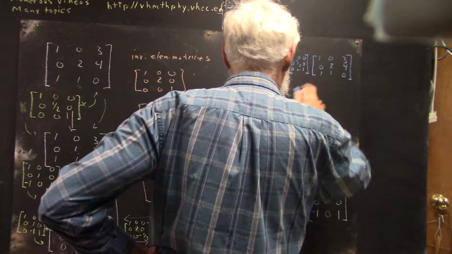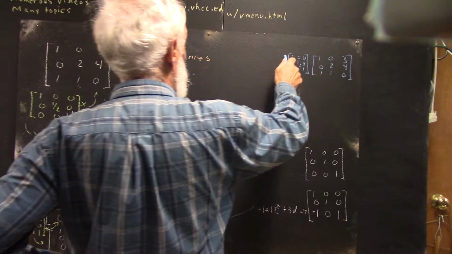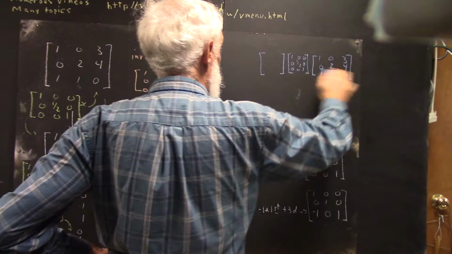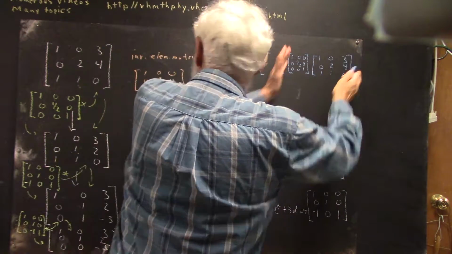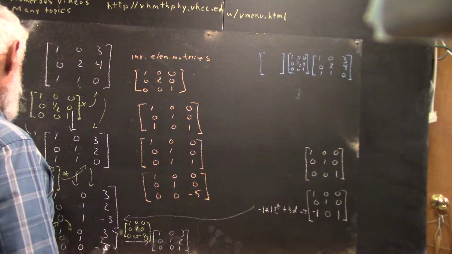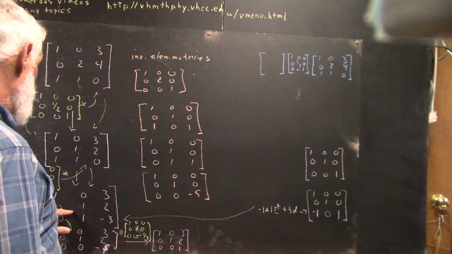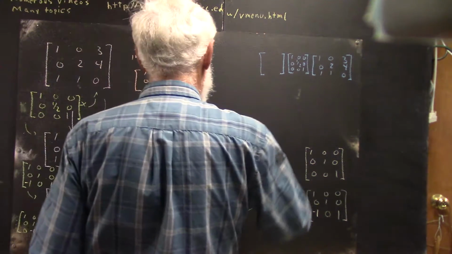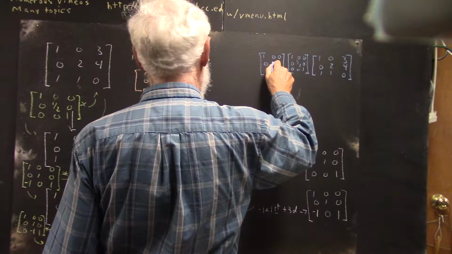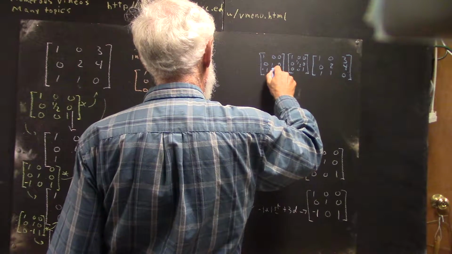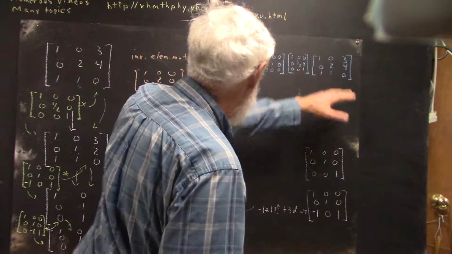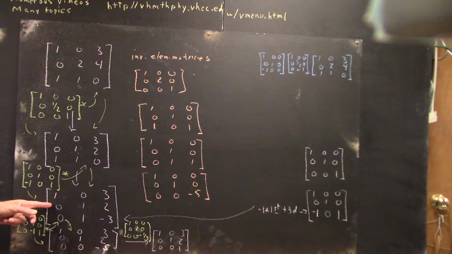That's going to have the effect of getting rid of that 1. And then if I multiply these, I'm going to get this. If I multiply that on the left by this, it's going to give me this. So I've got my 1, 0, 0, 0, 1, 0, -1, 0, 0 matrix here. So if I do this product, it's going to give me this.